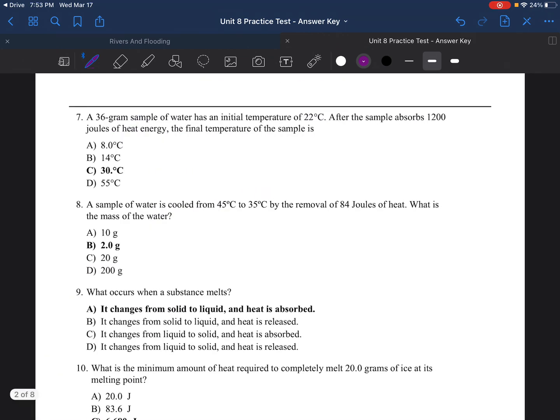A 36 gram sample of water has an initial temp of 22. After the sample absorbs 1200, what's the final temp? Again, we're talking about a change in temperature, initial and final. So we are using Q equals mc delta T, except we have to break apart that delta T term. First, we solve for delta T, which is equal to Q over mc.